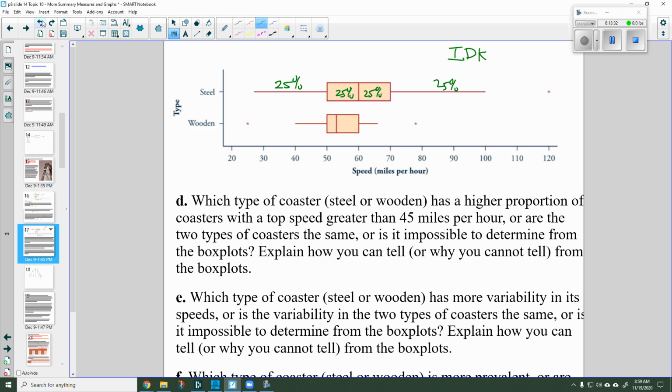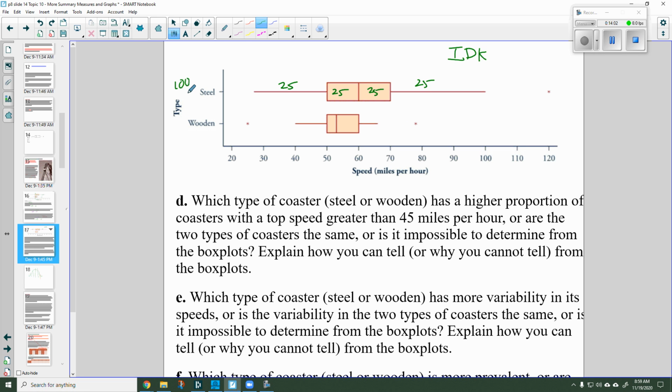So, for example, let's say there were 100 steel roller coasters. I know that there are 25 that fall between, like, 27 and 50 miles per hour. I know that there's 25 that fall between 50 and 60. I know that there's 25 that fall between 60 and 70, and there's 25 that fall between 70 and 120.